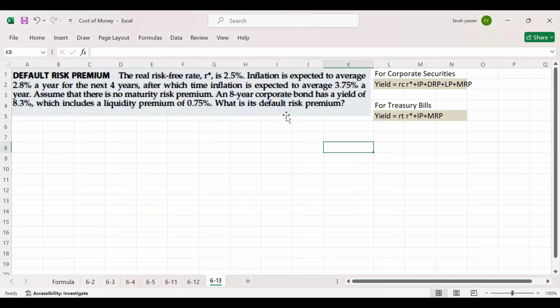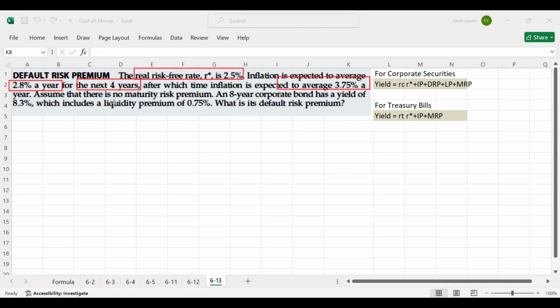So the last problem for today's lecture is 6-13. The data which is given: R star is given, inflation is given, different inflation rate for different years. 2.8% for 4 years, after which inflation is expected to be 3.75 a year onward.